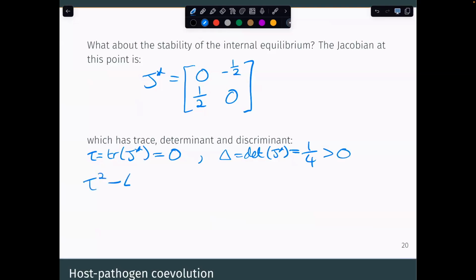If I look at my discriminant, my trace squared minus 4 times my determinant, remember this is going to tell me if my eigenvalues are real or complex. I'm going to have 0 squared, which is 0, minus 4 times 1/4, which is minus 1, which is negative. So my eigenvalues are complex. In fact, they're imaginary. They have 0 real part.